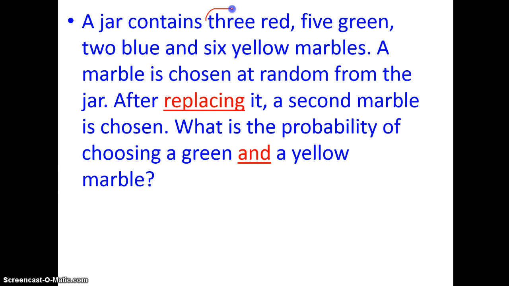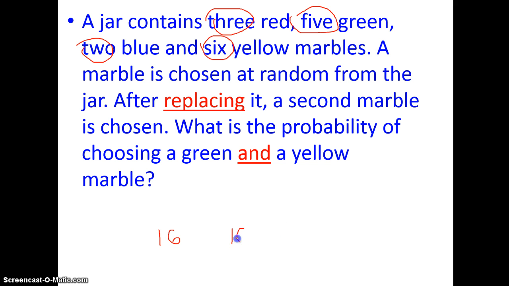I'm going to go ahead and circle 3, 5, 2, and 6, because those are the numbers that are going to be added together to find out how many total are in the bag. And who can do that addition for me? Yes, ma'am. 16. Perfect.